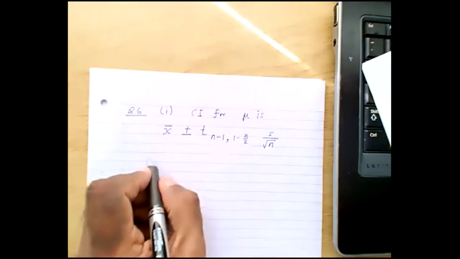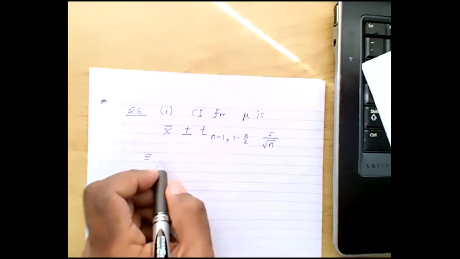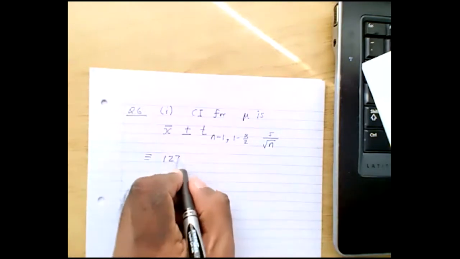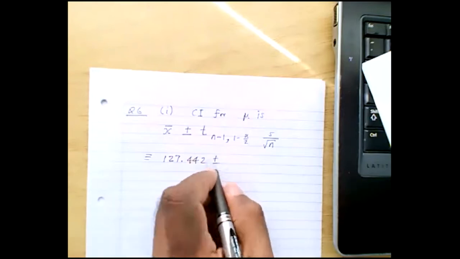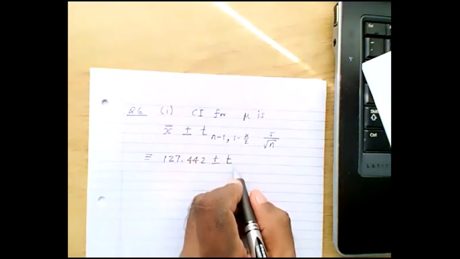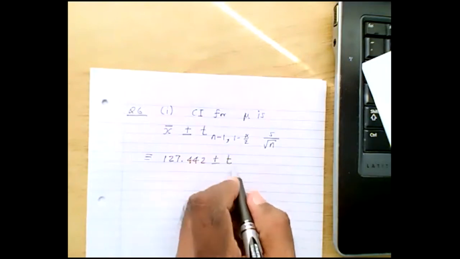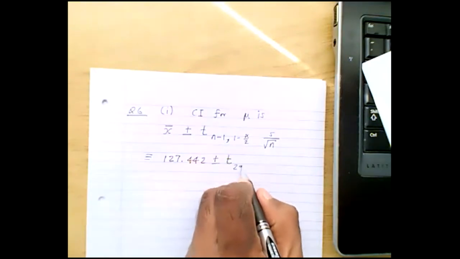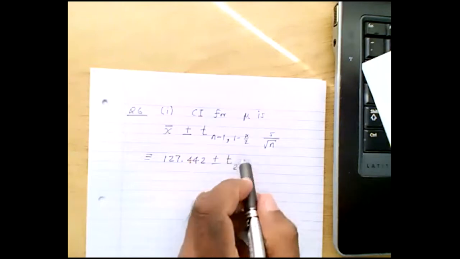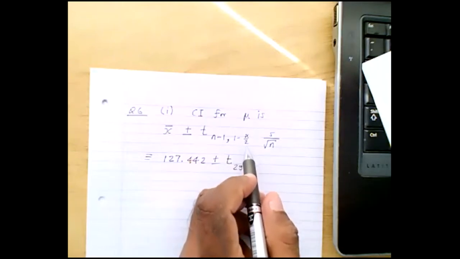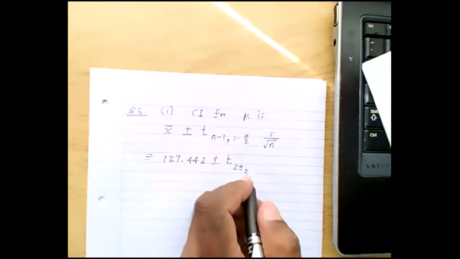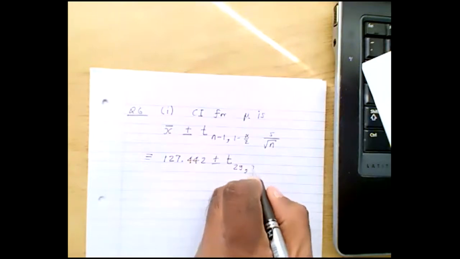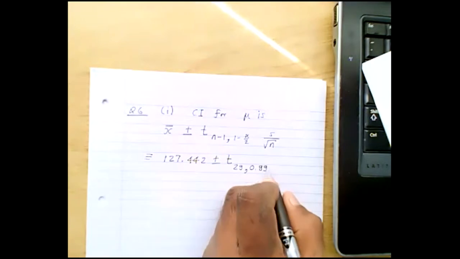Now, X bar is given to us in this question, which is 127.442 plus or minus t. N minus 1: n is 30, so n minus 1 is 29. 1 minus alpha is 0.02, so 1 minus alpha by 2 is 0.99.